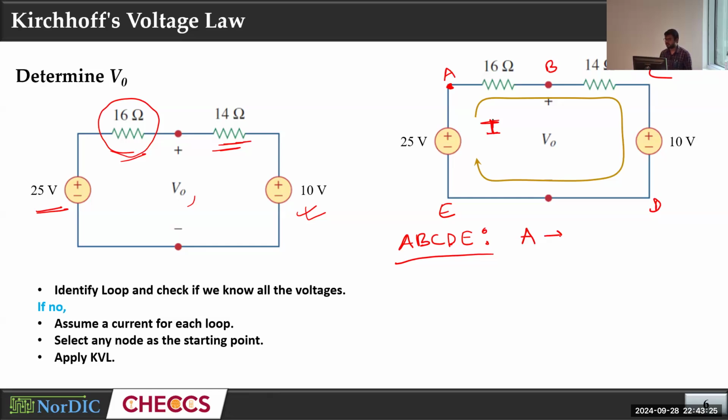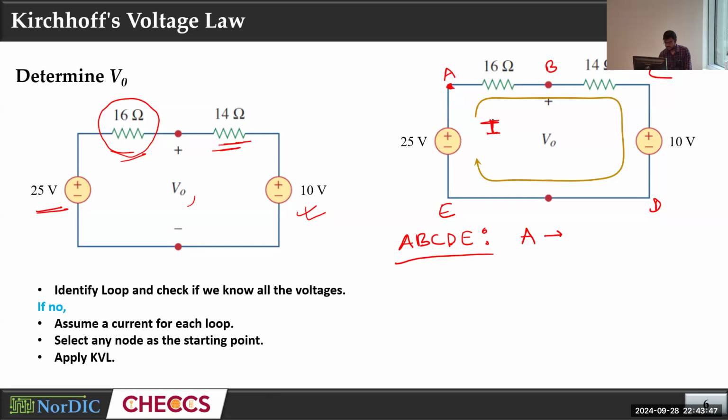Here there is a difference. In the previous example, after selecting the starting point, we could go clockwise or counterclockwise. But here we'll always have to follow the direction of the current that we have assumed. So if we have assumed the clockwise current, we'll always have to follow that direction.